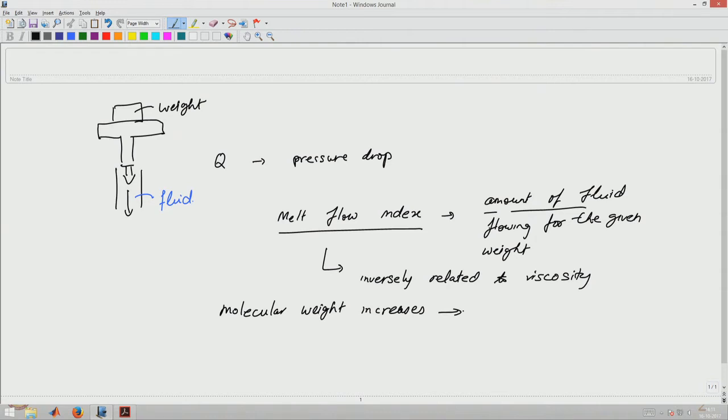Melt flow index would decrease, because we know that viscosity generally increases because of increase in entanglements and so on. So, therefore, melt flow index will decrease. People who are in the trade, people who know about this particular application will have a feeling about what kind of numbers are good for what kind of conditions, what kind of applications. So, that is why this is an example of a trade test.